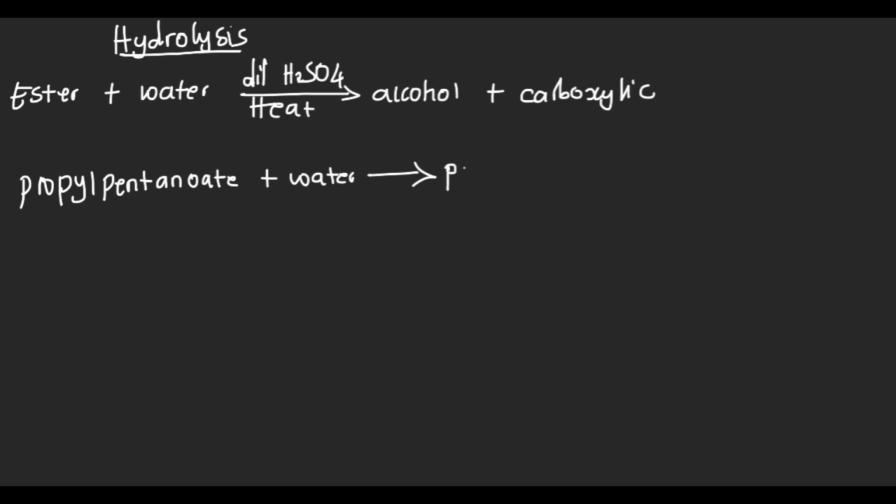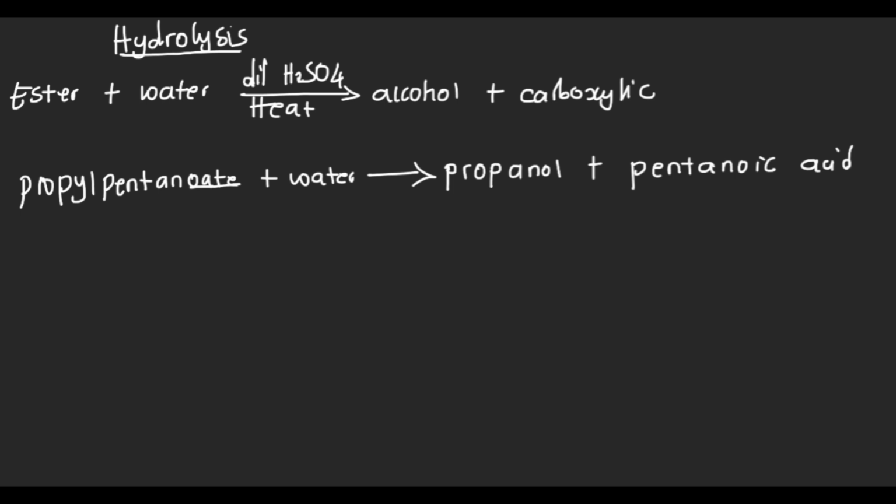So propyl, we remove YL, then we add ANOL so that it becomes propanol, plus the other part, we remove OATE, so this becomes pent, then we add OIC so that it becomes pentanoic acid. So this is what we call hydrolysis, and as you can see, this is just the reversing of the esterification.